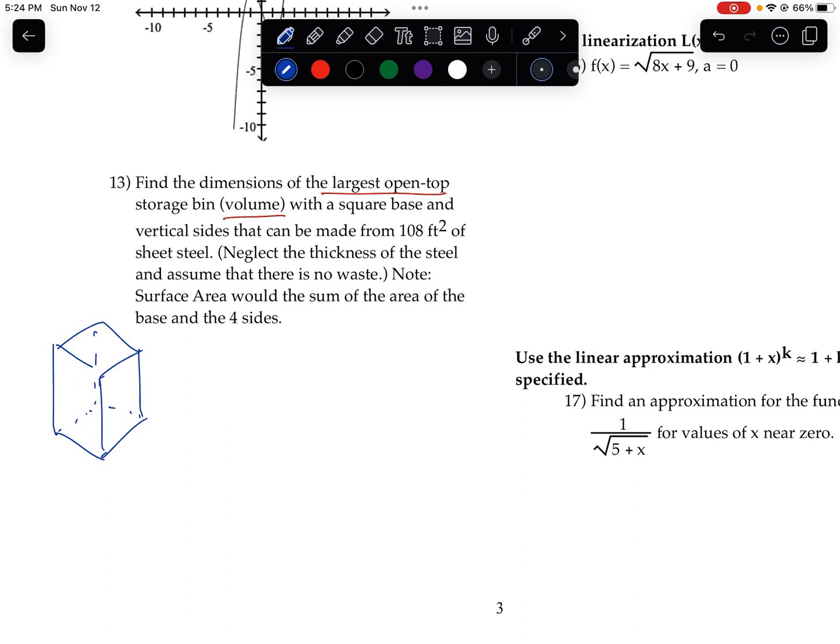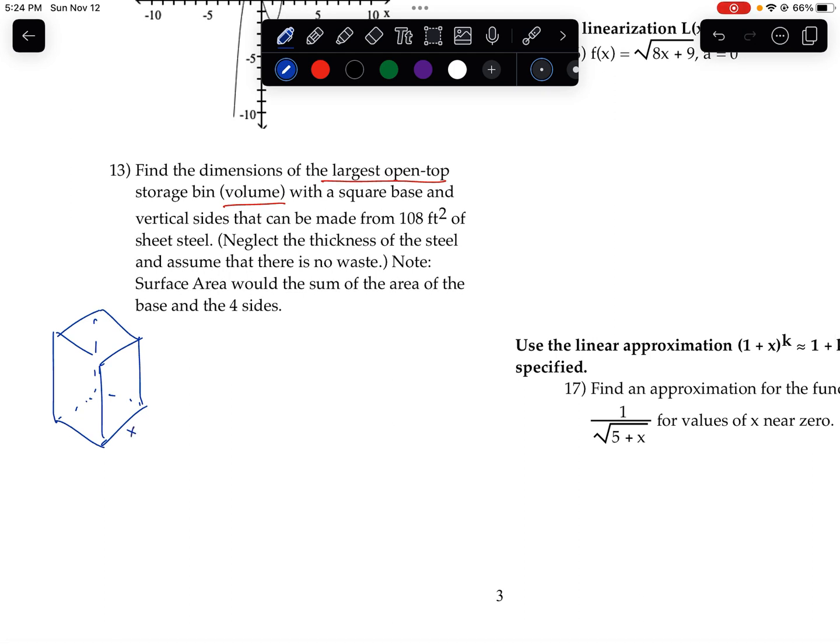Okay, something like this right here. So if it's a square base, then I'm going to call these sides x. I'm going to call this right here y. And so volume would be base times width times height. So in this case, x squared times the height. So there's my volume, but I don't want it to be defined in both x and y.